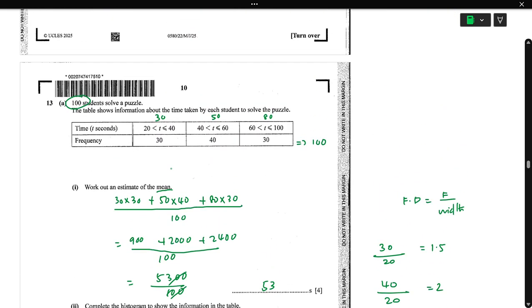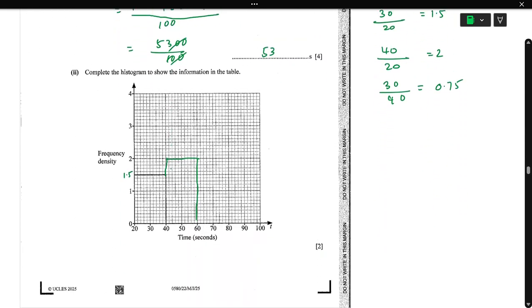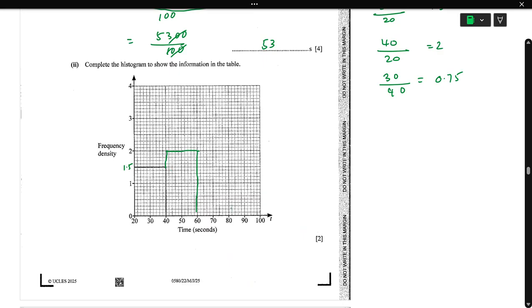Next, 60 to 100 is going to be 0.75. This is 0.5 and this is 2, then 2 is approximately here.